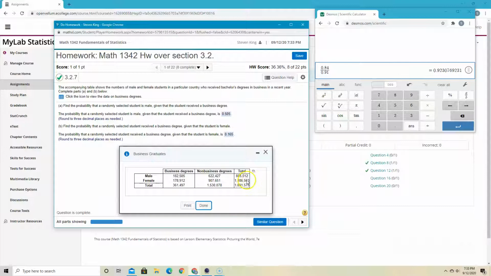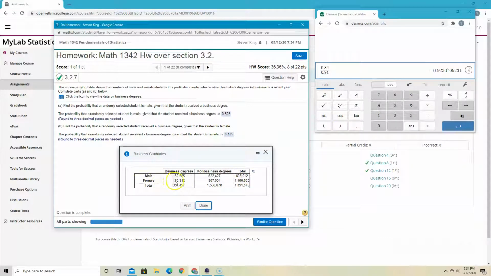And so you can see here, for example, there were 182,585 male students who graduated with a business degree in that particular country in that recent year, and 622,427 non-business degrees. And if you add up all the males who have a business degree plus all the males who had a non-business degree, they add up to this 805,012.